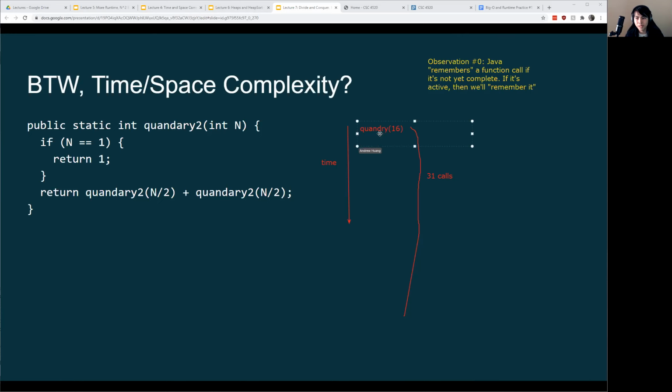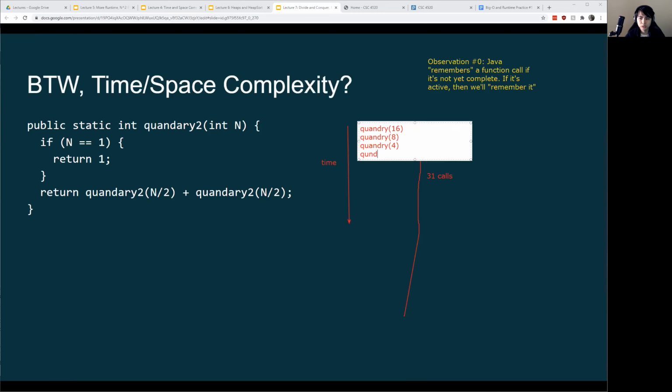We need to remember that it exists even when we're doing quandary of 8. If we do quandary of 8 here, we still remember that we're in the middle of doing quandary of 16. Type 16 in chat if you feel like you're understanding what's going on. Cool. That means that if we're doing quandary of 4, Java remembers that we're doing quandary of 8 and quandary of 16, which needs to happen because we're in the middle of doing quandary of 8.